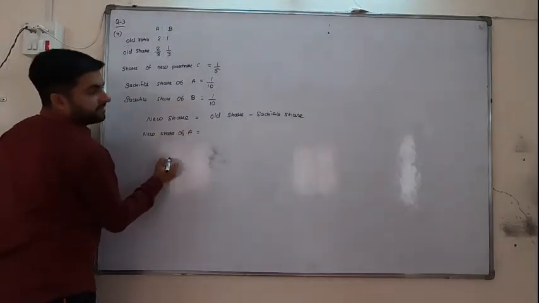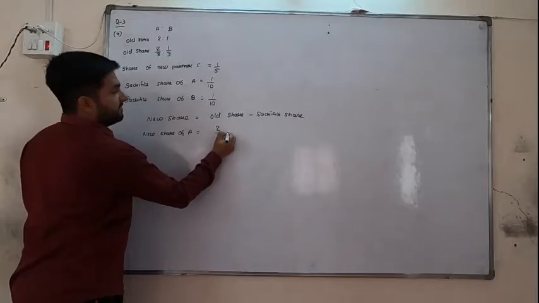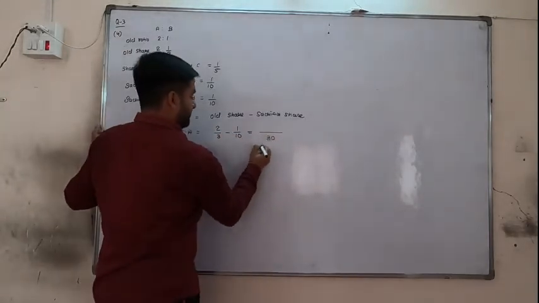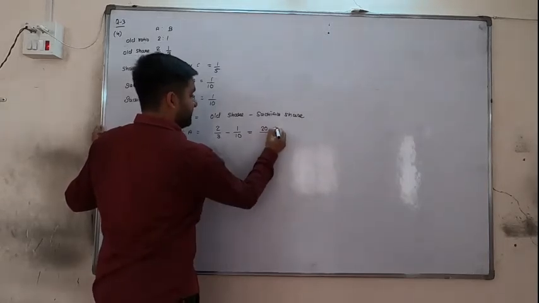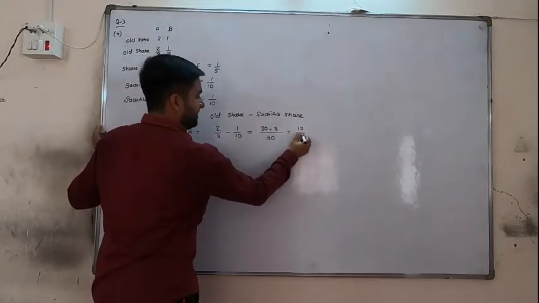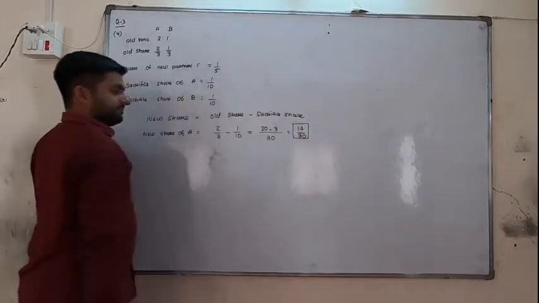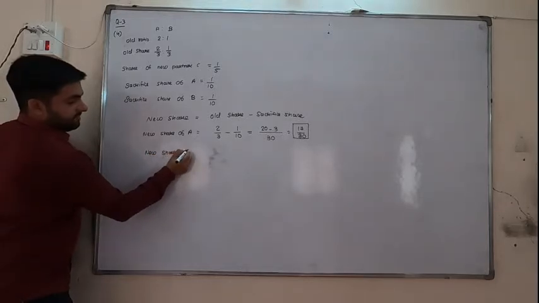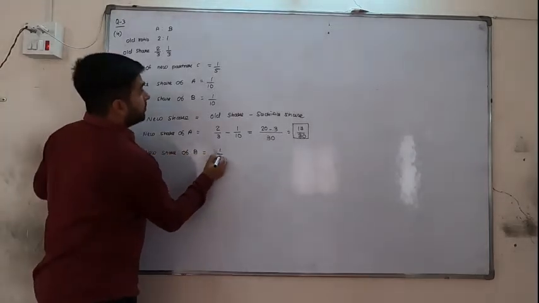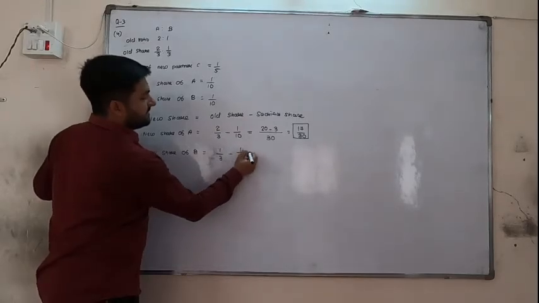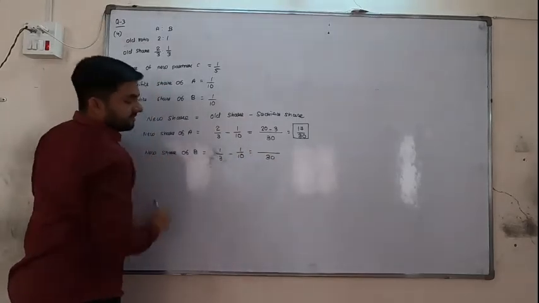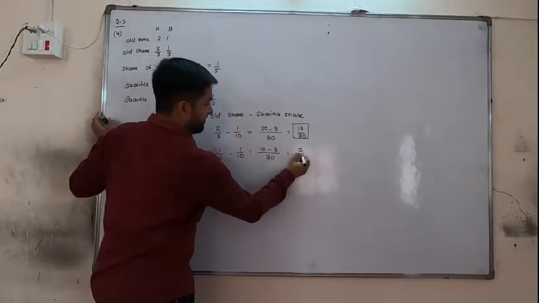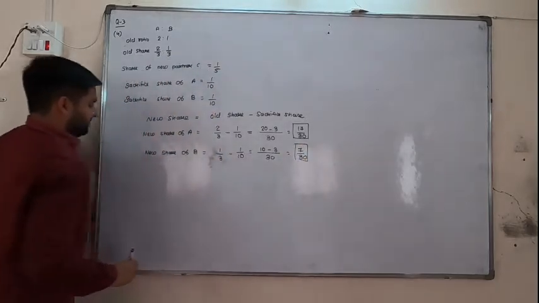New share of A: A's old share is 2/3, A's sacrifice is 1/10. 3 10s are 30, 10 2s are 20, 3 1s are 3, so 17/30. New share of B: B's old share is 1/3, B's sacrifice is 1/10. 10 3s are 30, 10 1s are 10, 3 1s are 3, so 7/30.